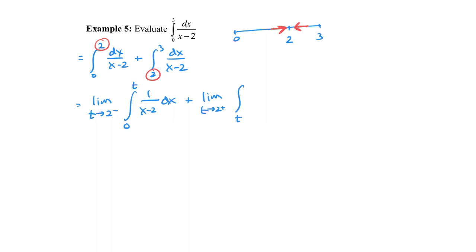And so we'll have t to 3, 1 over x minus 2 dx. I'm just writing it like this so it's a little easier to see. And after section 7.4, you should know exactly what this integral is, right? We've seen a million of these in 7.4. It's a natural log, right? But we have to deal with the limits here. So this from 2 to 3, we're approaching 2 from the right, from values bigger than 2, and we never get there.